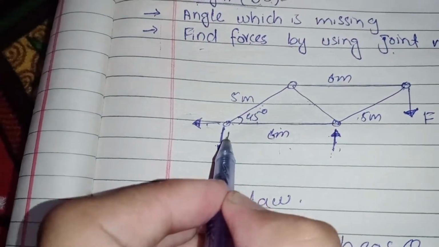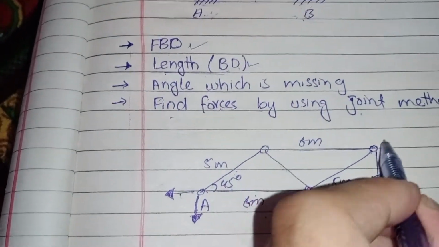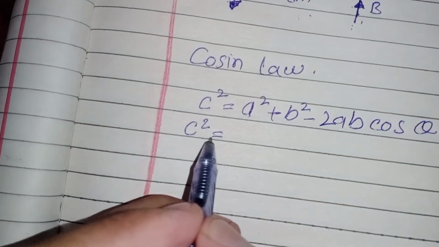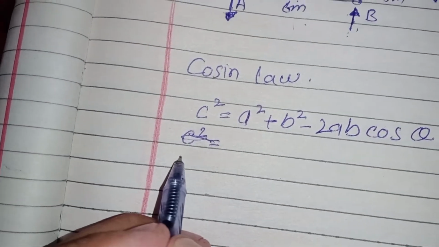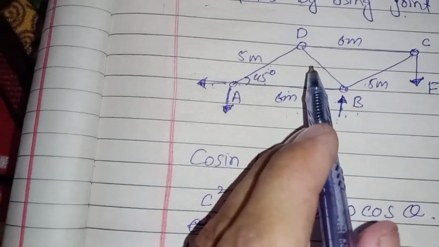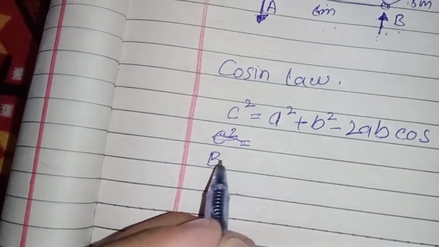This is A, B, C, D. So C square is BD, which we have to find out.